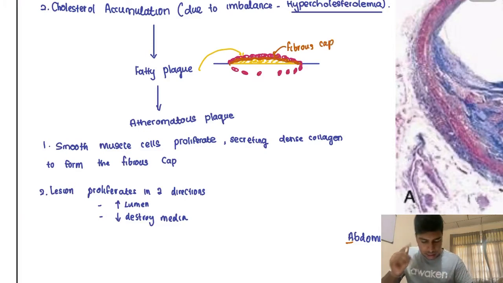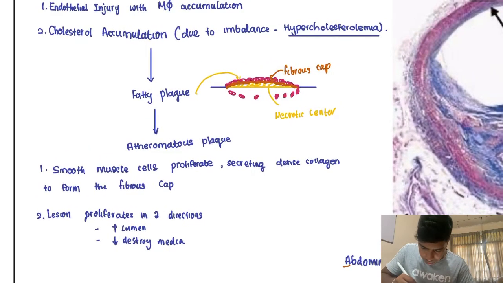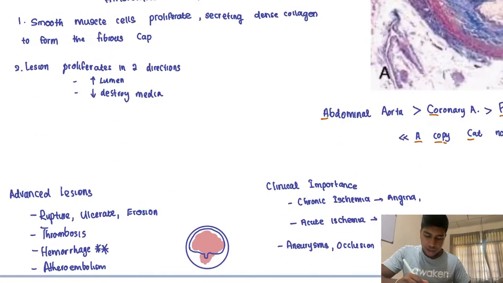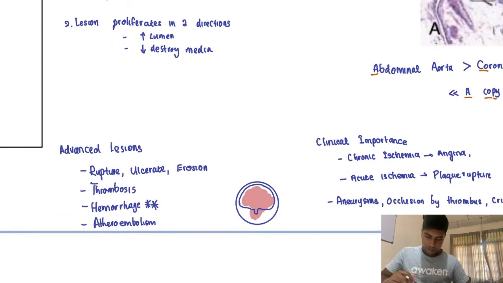So there is going to be a fibrous cap surrounding a necrotic center. This can proliferate in two directions. This can grow in towards the lumen, or it can grow downwards, destroying the underlying tunica media.